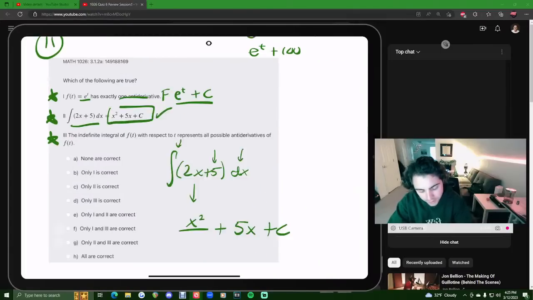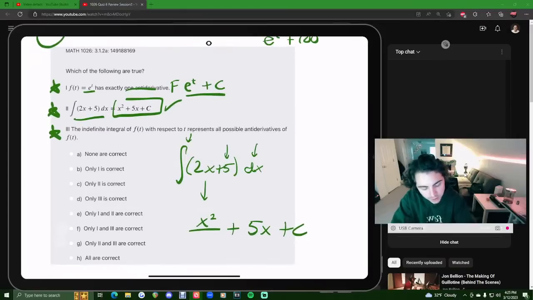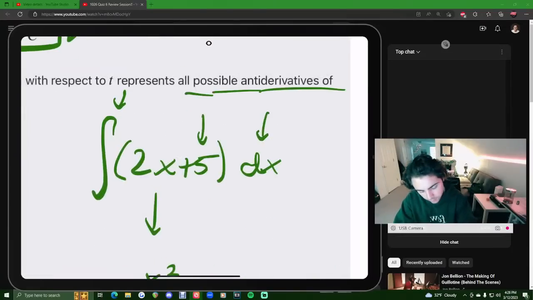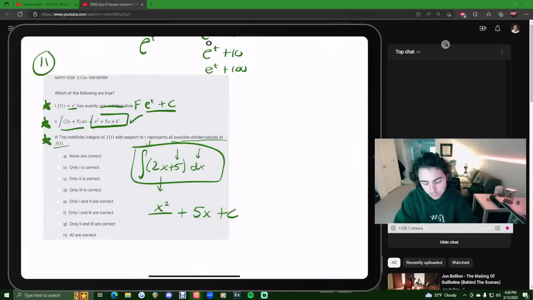Number 3, the indefinite integral of f with respect to t represents all possible antiderivatives of f of t. That sounds pretty good. Yeah, that's exactly right. So the indefinite integral, for example, like what we just found, the indefinite integral with the squiggly and the dx, with respect to t represents all possible antiderivatives. Now, key phrase is all possible.